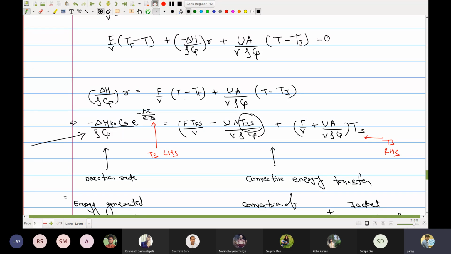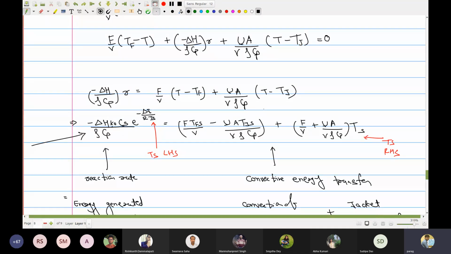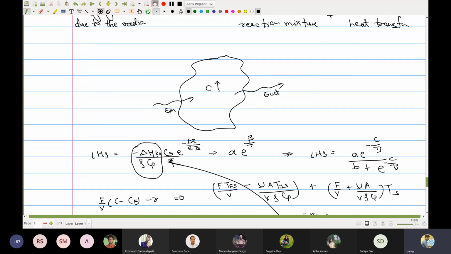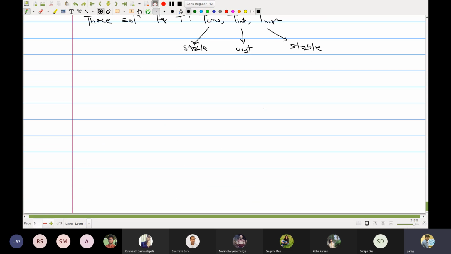For the same jacket temperature, you are getting 3 reactor temperatures. So you are solving this equation. You are plugging in the same value of jacket temperature and you are getting 3 solutions for the reactor temperature, which means that my function for jacket temperature would look something like this.